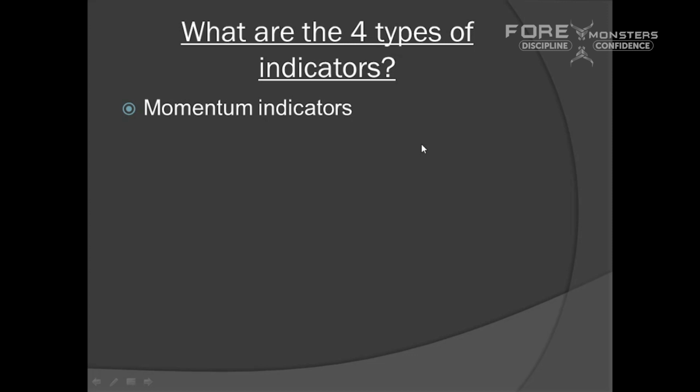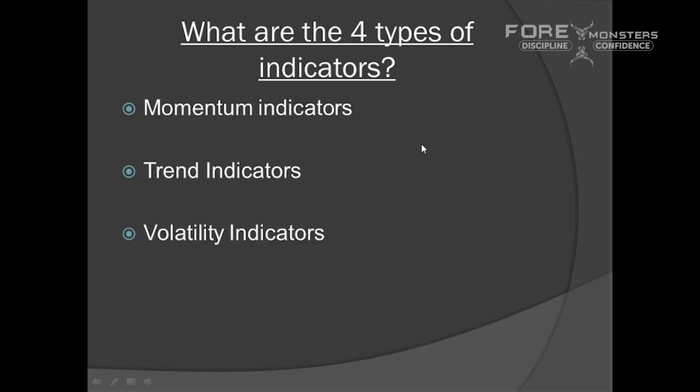One of them is the momentum indicators. The next ones are the trend indicators, volatility indicators, and lastly we have volume indicators.